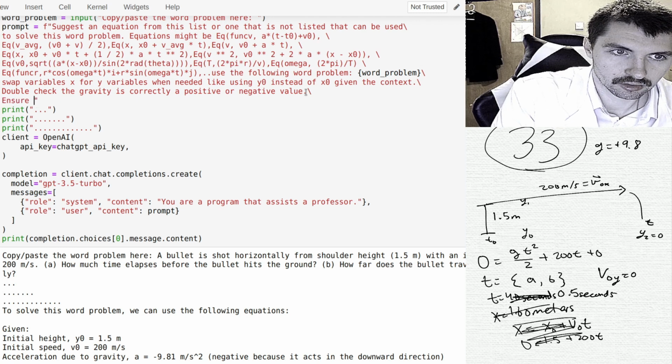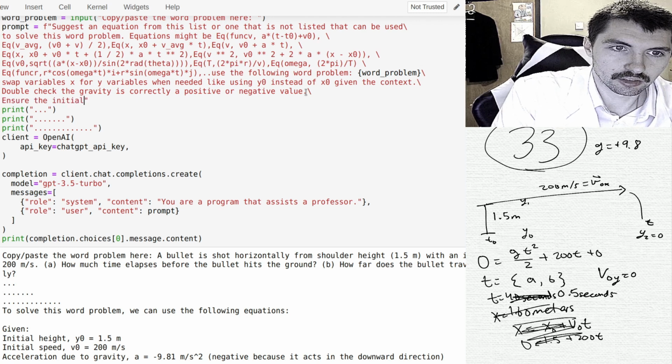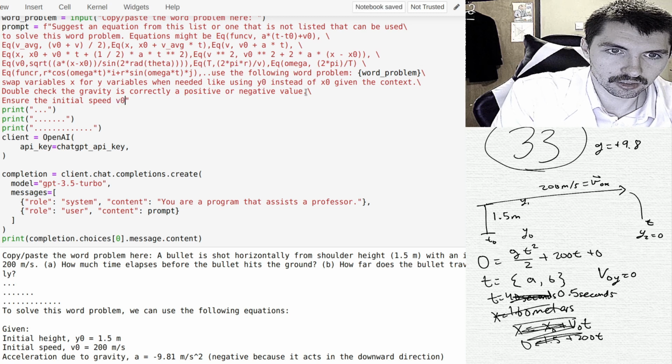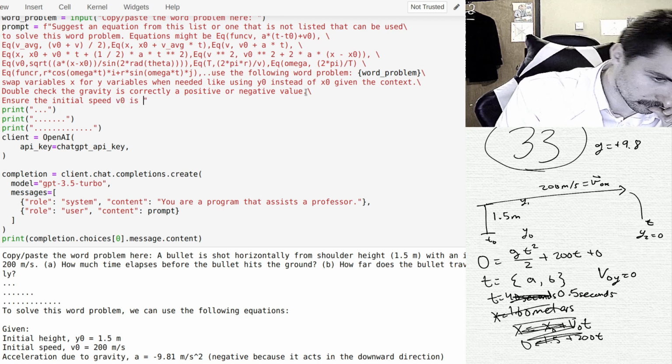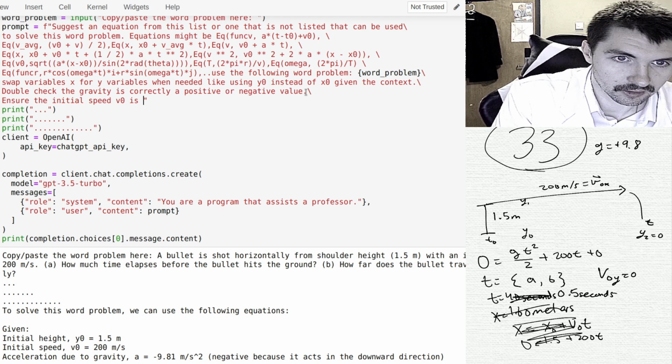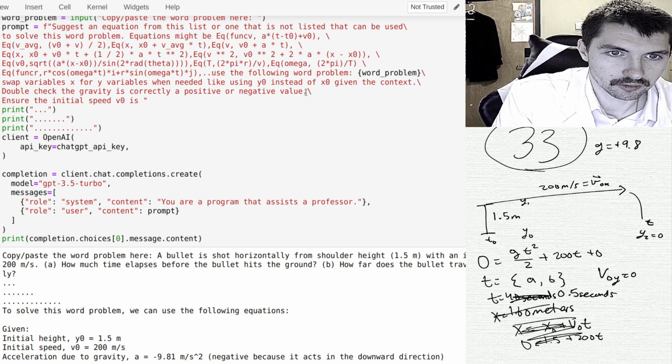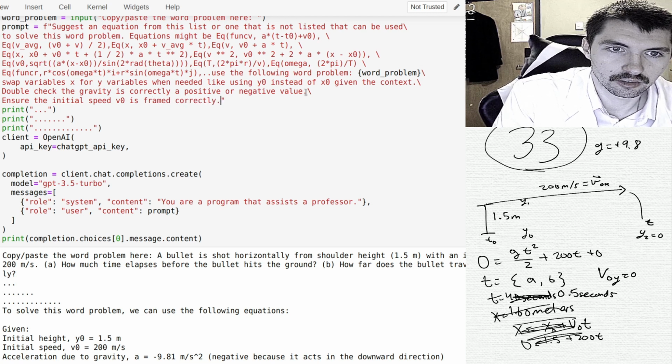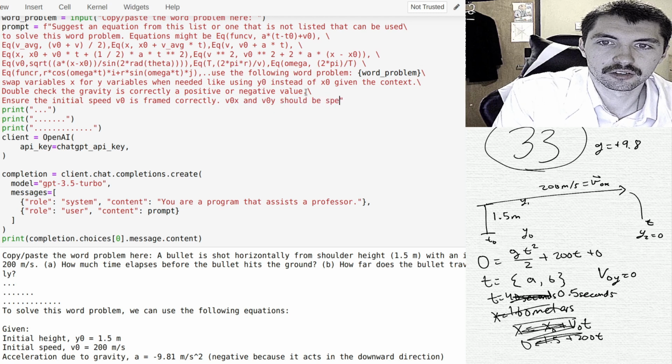Ensure the initial speed V naught is framed correctly. V naught X and V naught Y must be specified.